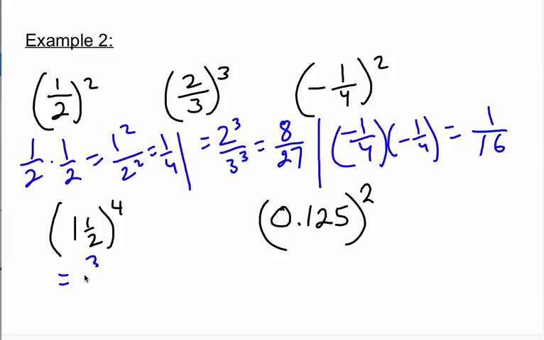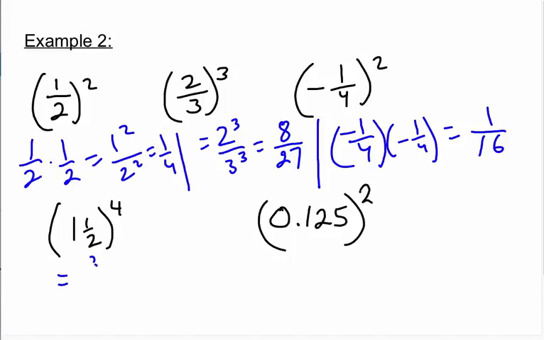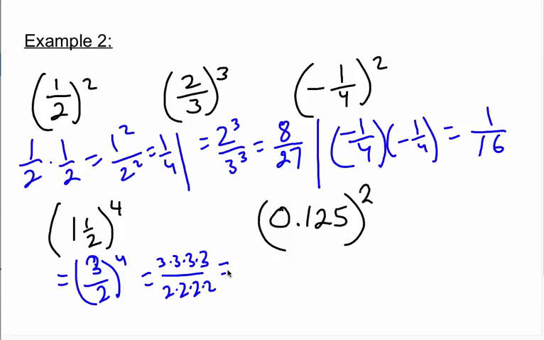So this is 3 out of 2, or 3 halves, to the power of 4, which equals 3 times 3 times 3 times 3 out of 2 times 2 times 2 times 2. So on the top, this actually gives us 9 times 9, which is 81. And on the bottom it will give us 4 times 4, which is 16. So it's 81 out of 16.